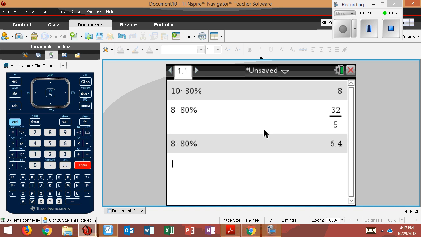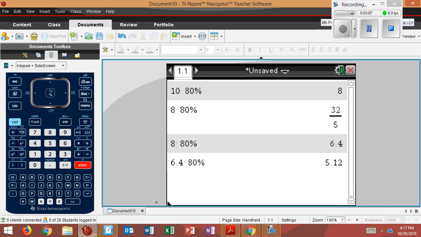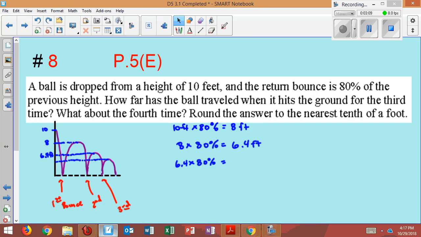And then we would do it again, 6.4 times 80%, and we get 5.12. So this right here would be 5.12 feet.